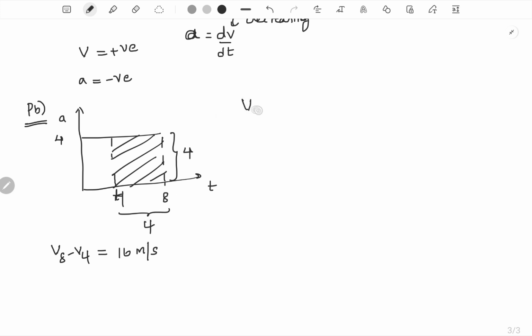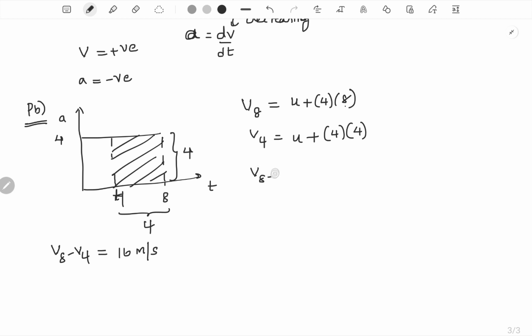Velocity V8, the velocity after 8 seconds, is initial velocity plus acceleration into time. Then what about the velocity at t equal to 4? Basically I am using v = u + at in these relations because acceleration is constant, so I can use them. u plus acceleration into time, which is 4.